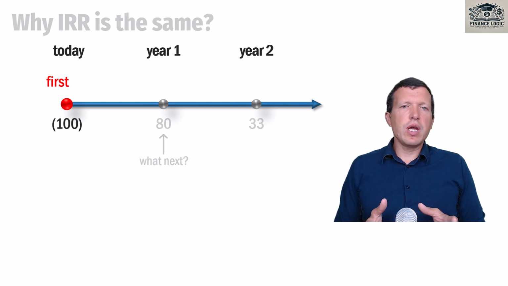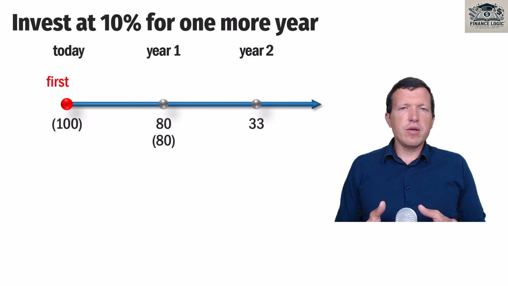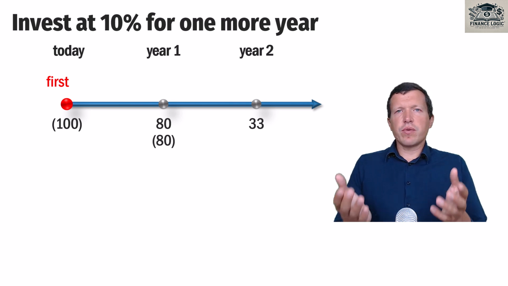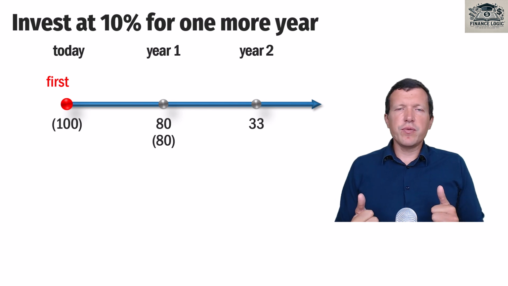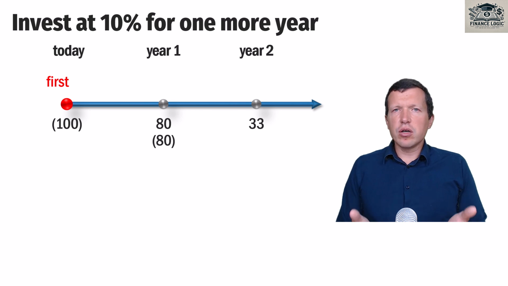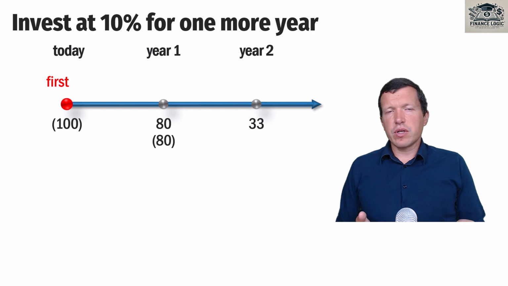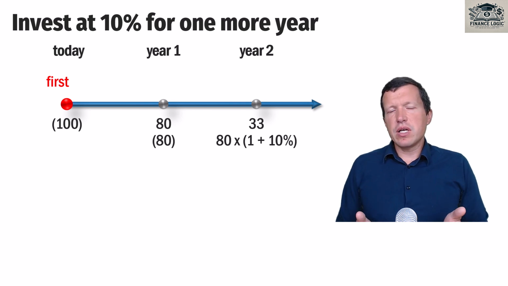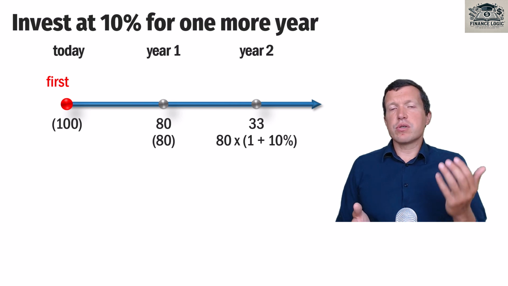Let's assume that we reinvest this money for 1 year at 10%. Technically it means that we have $80 of cash inflow, and at the same time we have $80 of cash outflow as investments. And instead of getting 80 at the end of year number 1, we get 80 plus 10% at the end of year number 2.